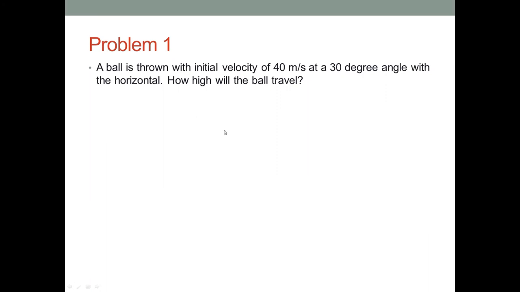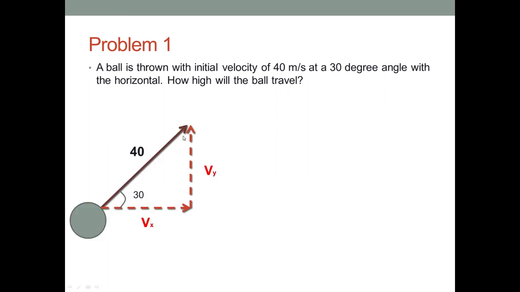So let's do step number 1. We draw ourselves a ball, we draw the initial speed that it's thrown at, 40, and it makes a 30-degree angle with the horizontal. That means that if I draw a line here, this will be 30 degrees.